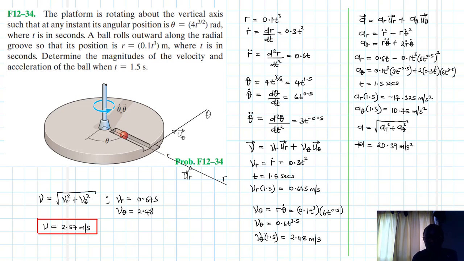Right. So there we go. We found the velocity as well as the acceleration, their magnitudes, of the ball when t is equal to 1.5 seconds.